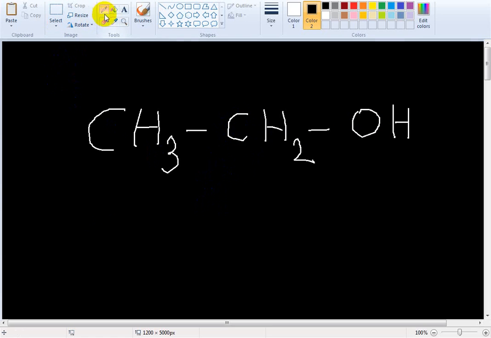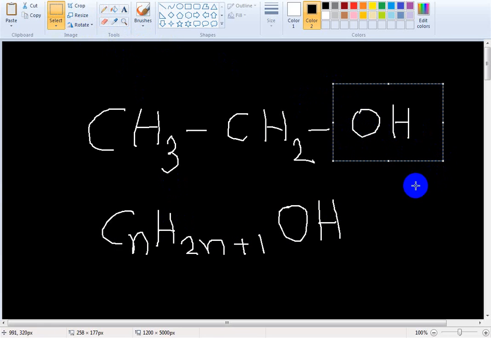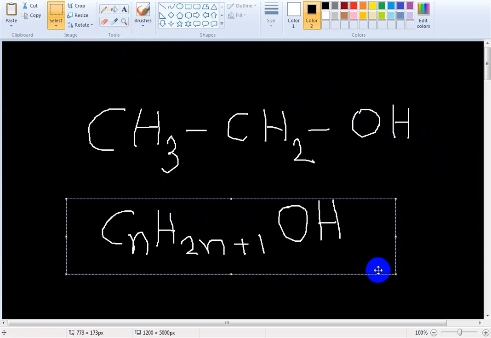Its general formula is CnH2n+1OH. This is the general formula of alcohol, and this is the functional group of alcohol.